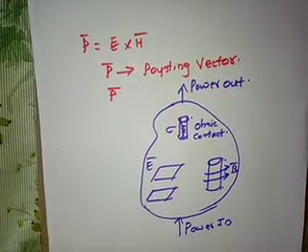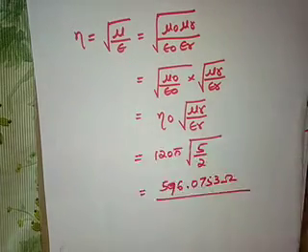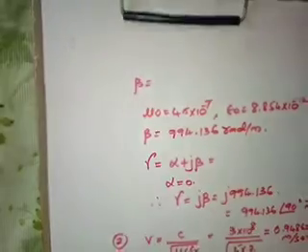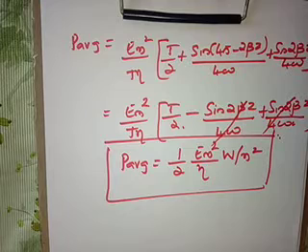We started with the Poynting vector and the Poynting theorem, then from these we derived the equation for the Poynting vector P bar, and then finally we got the equation for the average power, right?